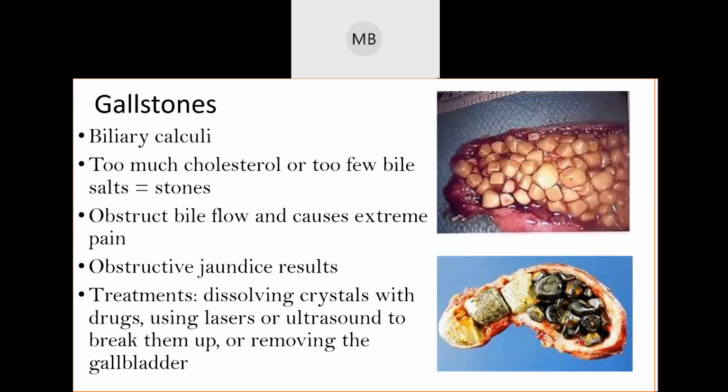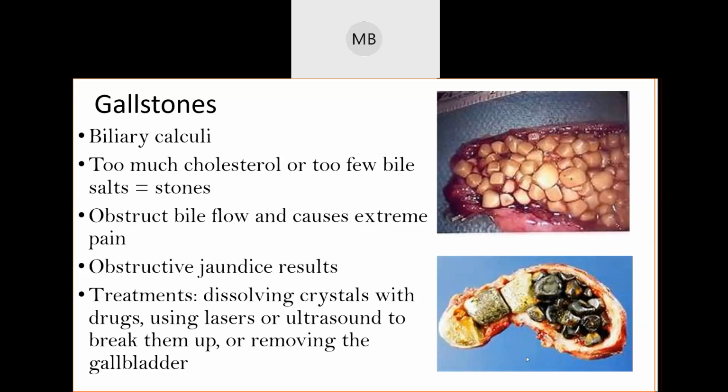But if your diet is not the healthiest and you have eaten too many cholesterol-y foods, as that bile sits in your gallbladder, it can start to solidify and crystallize, and those solidified crystals can calcify and become gallstones. So if you eat a diet with too much cholesterol, or your body just makes too few bile salts, all of what's just waiting to be used in your gallbladder will end up solidifying into gallstones.